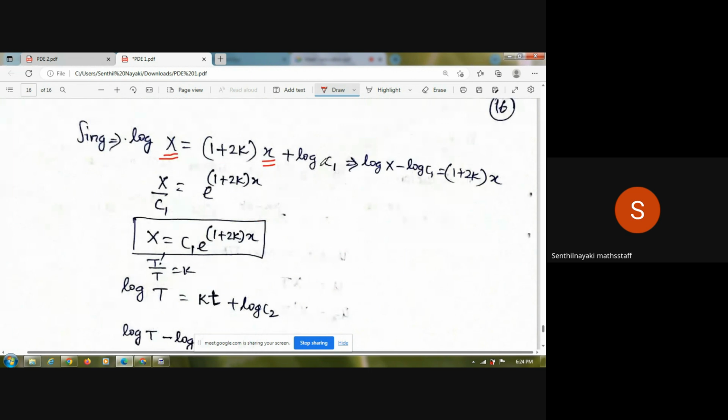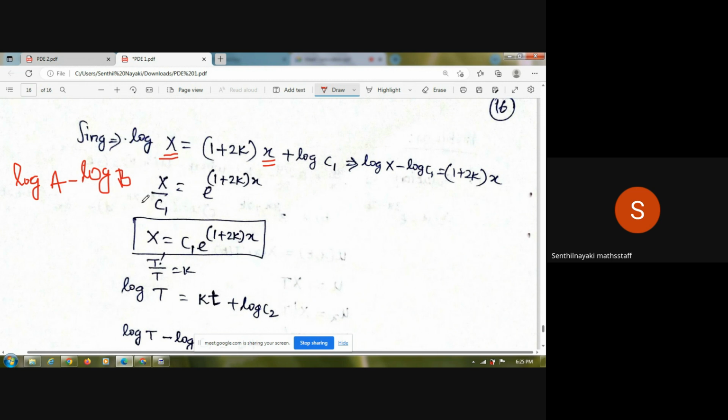After that, if we take this log to one side, then log X minus log c1, we get log a minus log b. This is the basic formula, isn't it? So log a minus log b means log of a by b. So log X minus log c1 means log of X by c1.